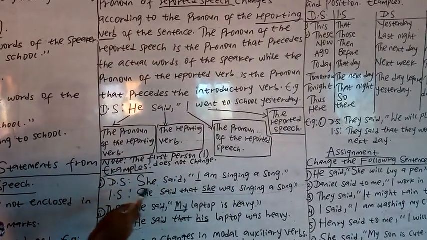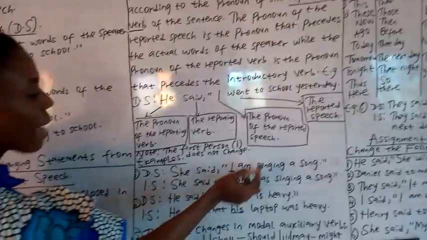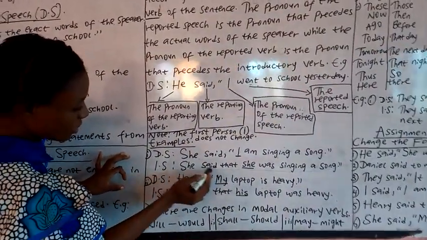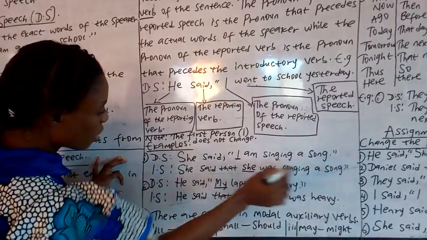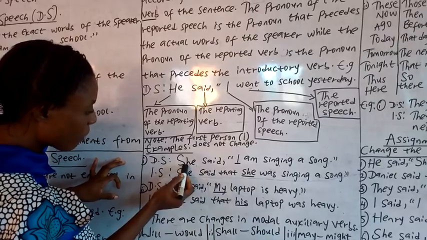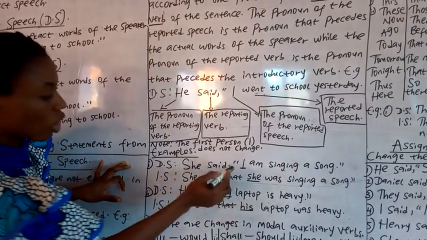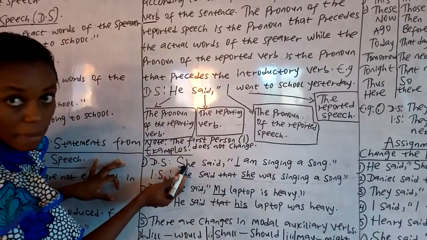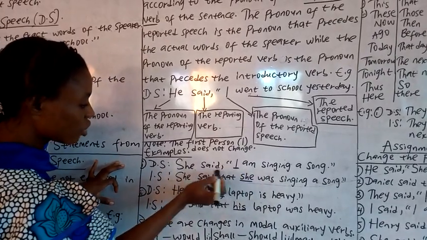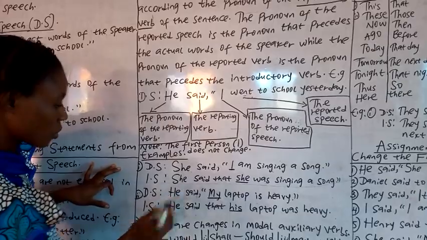Okay, look at my examples. She said, "I am singing a song." Now becomes, she said that she was singing a song. See, "I" now changes because of what? The pronoun of the reporting verb. Because the person you are talking about is a female, maybe a girl or a woman, so "I" now changes to "she."